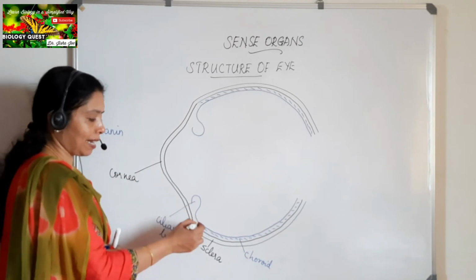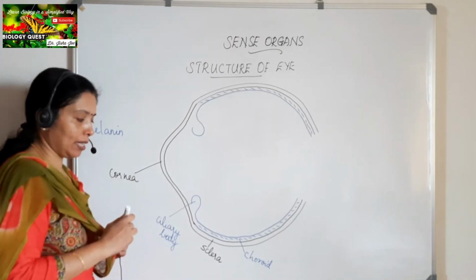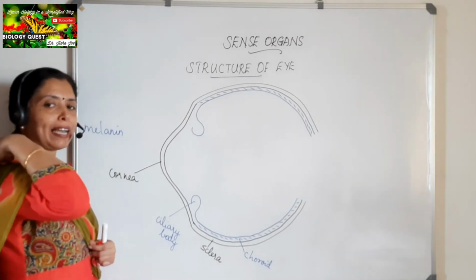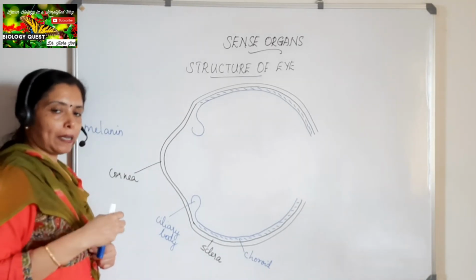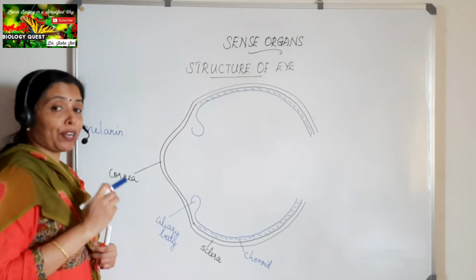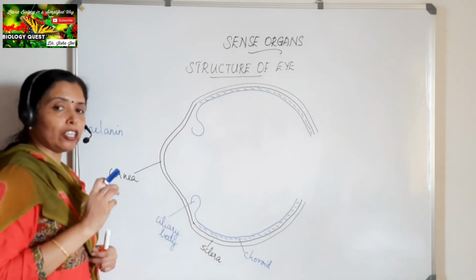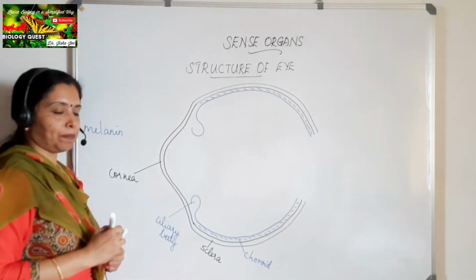It is actually a part of the choroid, an expansion of the choroid layer in the front part of the eye.